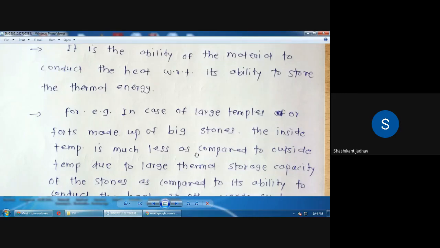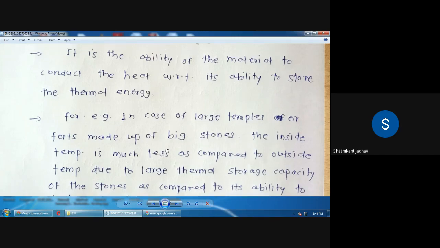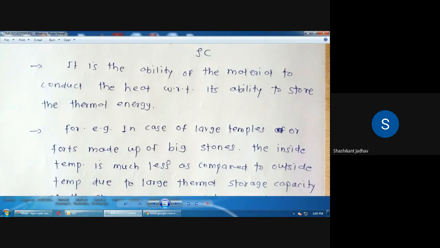So whatever the stones, big stones are used in the forts and temples, तर त्याची थर्मल डिफ्युजिव्हिटी काय असेल? कॅन एनीवन टेल मी? जे काय आपले किल्ले आहेत किंवा जे काय आपली मंदिर आहेत, तर त्याच्यामध्ये जे काही मोठे मोठे दगड आपण यूज करतोय, तर त्या दगडची थर्मल डिफ्युजिव्हिटी जास्त पाहिजे की कमी पाहिजे? कॅन एनीवन टेल मी? व्हॉट अबाउट दी थर्मल डिफ्युजिव्हिटी ऑफ दॅट पर्टिक्युलर stone material?